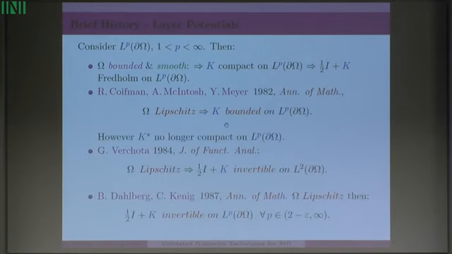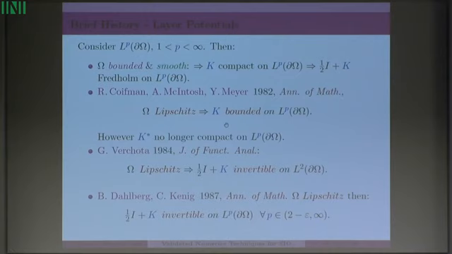However, K is no longer compact, so the Fredholm alternative no longer functions if the domain omega is Lipschitz. But invertibility on L^2 is known due to Greg Verchota in the mid-80s, and actually much more is known nowadays.